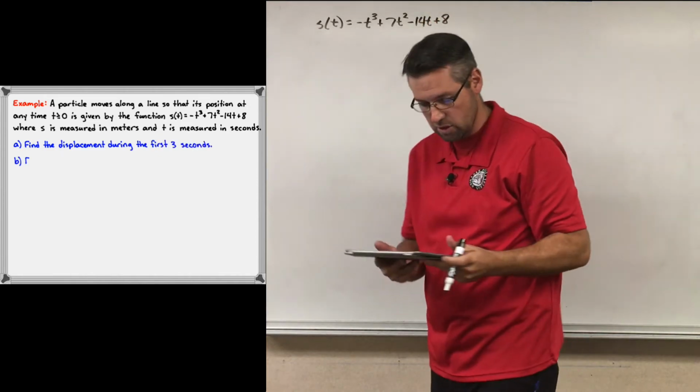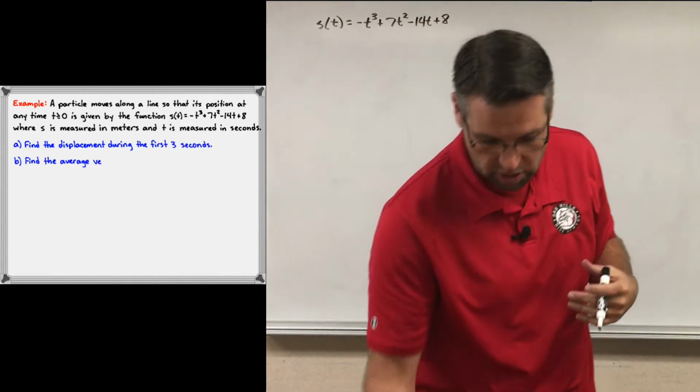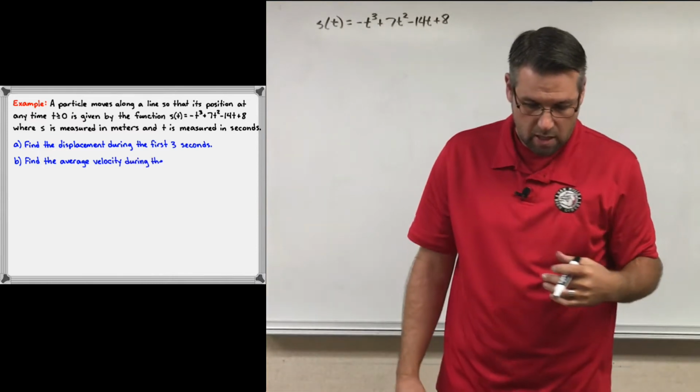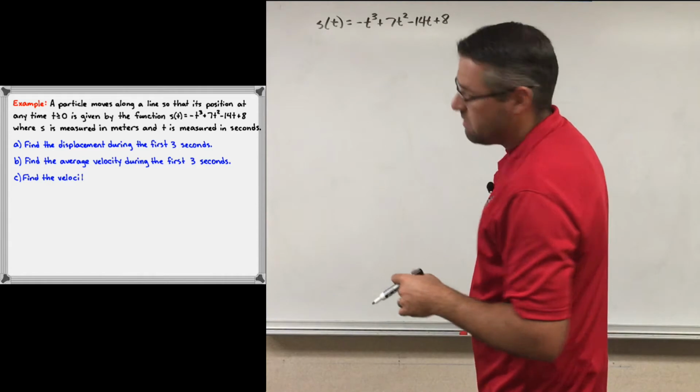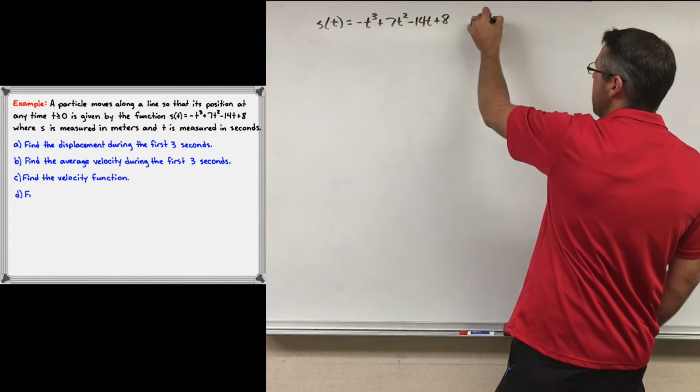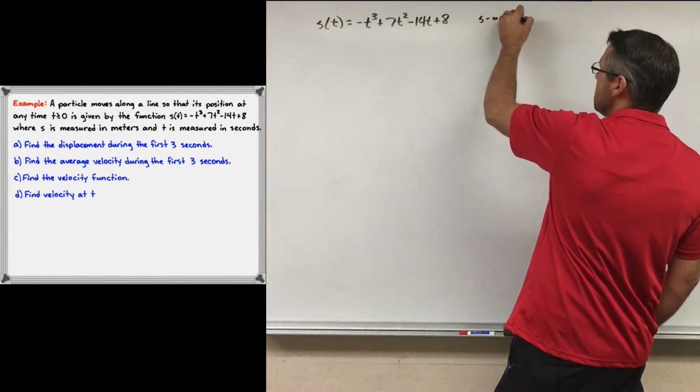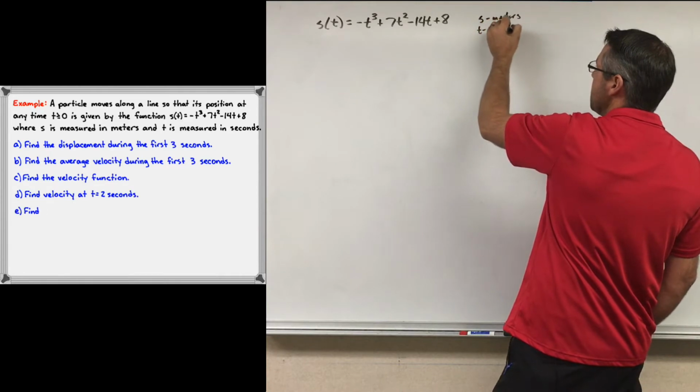Okay, so that's my position. And we're going to answer a whole bunch of questions here. Where s is measured in meters and t is measured in seconds. I'm going to write that down. s is in meters and t is in seconds.